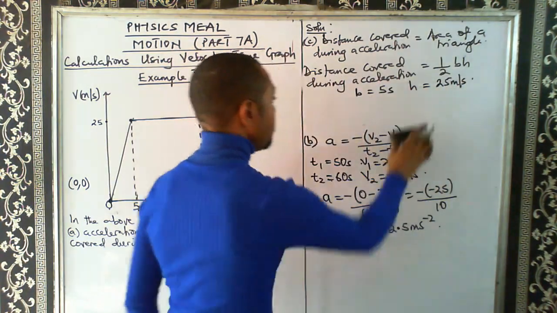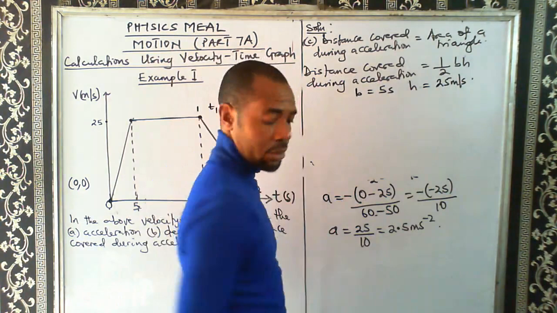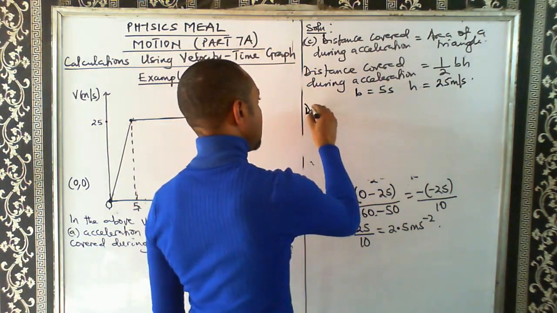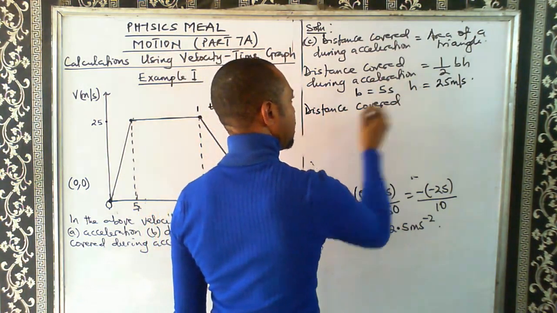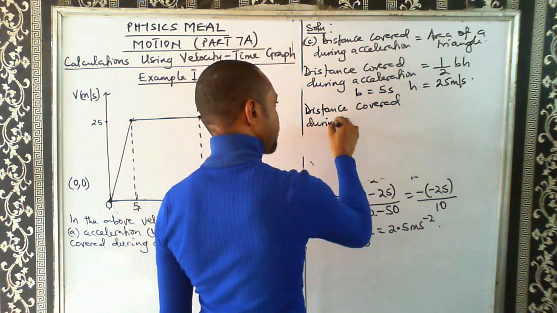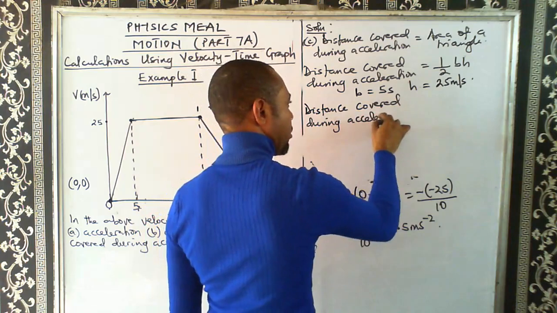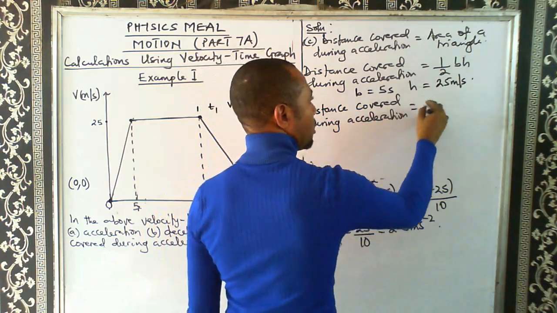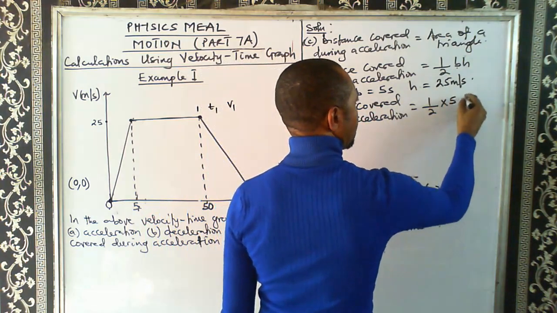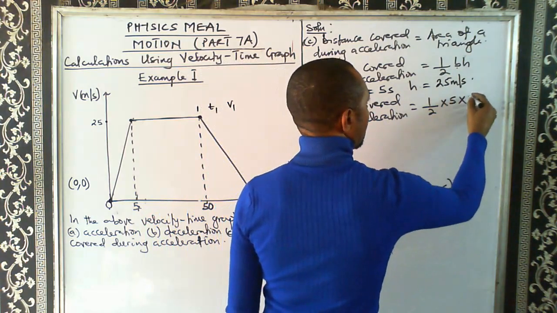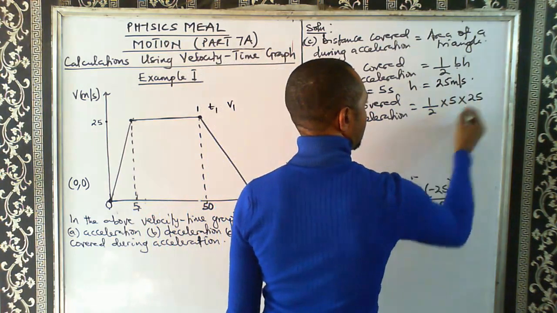So what will now be our distance? The distance covered during acceleration is 1 over 2 times the base, 5, times the height, 25.